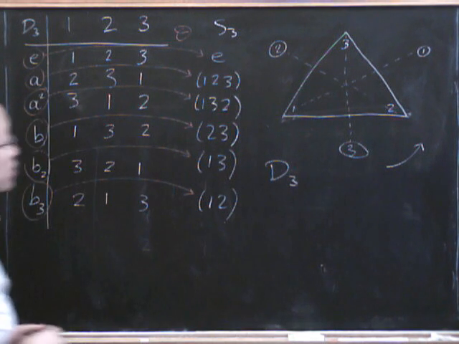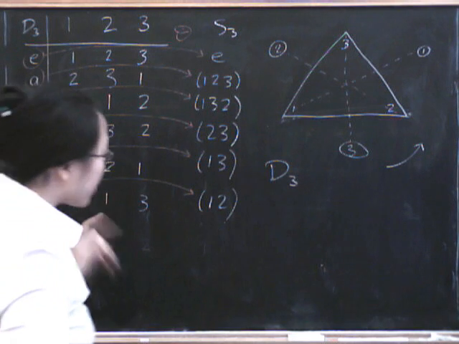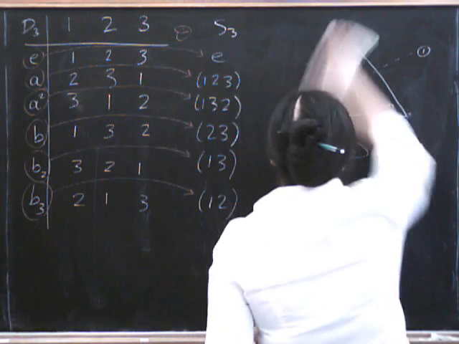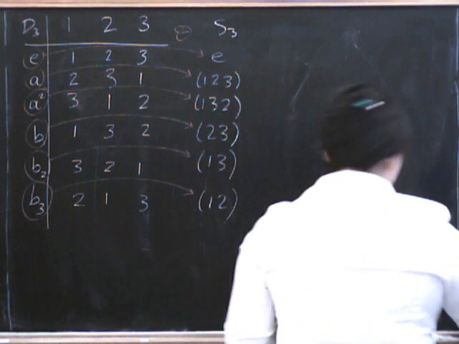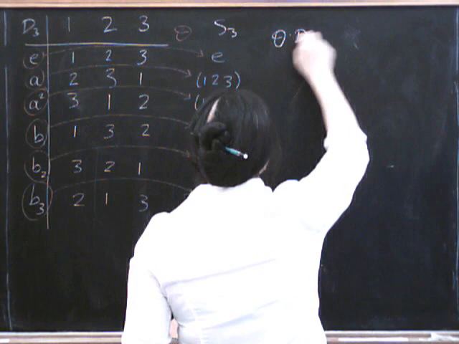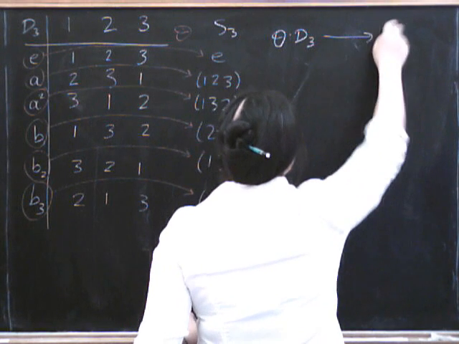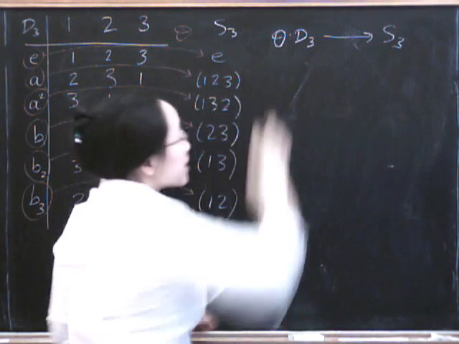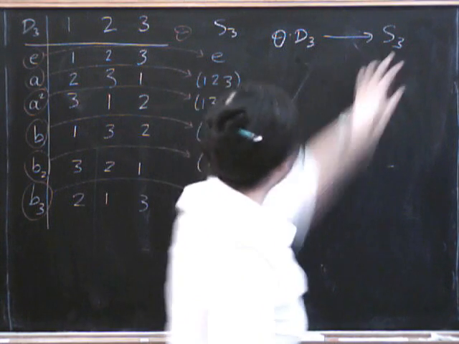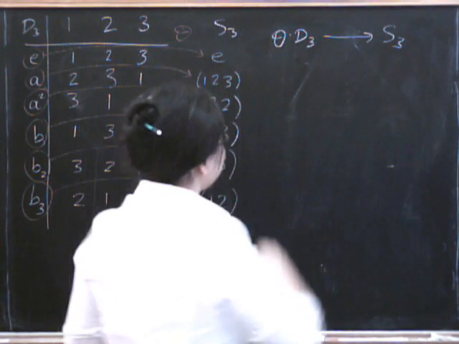And so what we have to do now is to try and show that theta is a group homomorphism. So what do we have to do? We've got a map theta that goes from D3 to S3. That means that it takes each element of D3 and produces from it an element of S3 in this way.